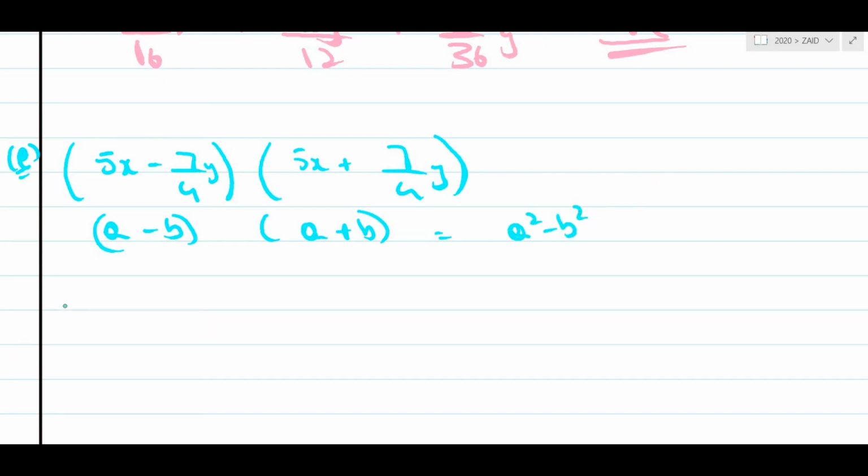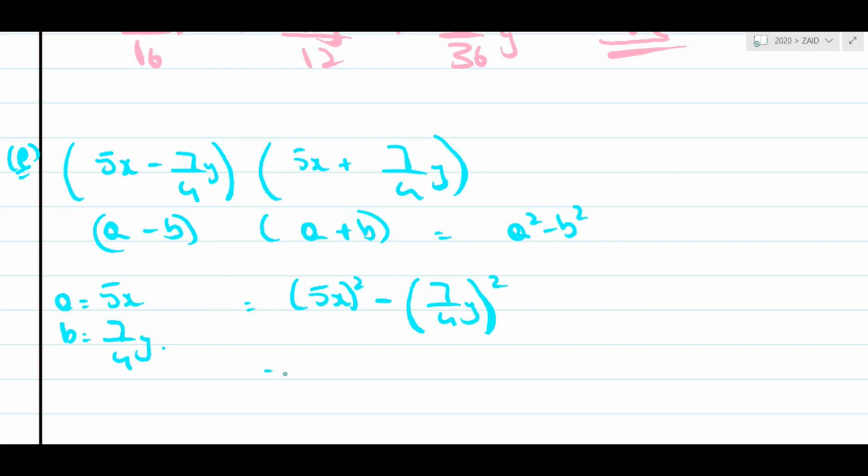In this case, a is equal to 5x, whereas b is equal to 7 upon 4y. Therefore, your answer would be (5x) whole square minus (7 upon 4y) whole square, and the result would be 25x square minus 49 upon 16y square.